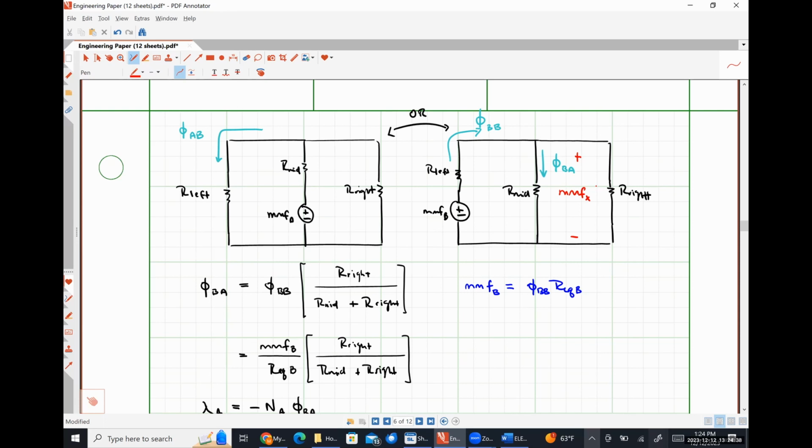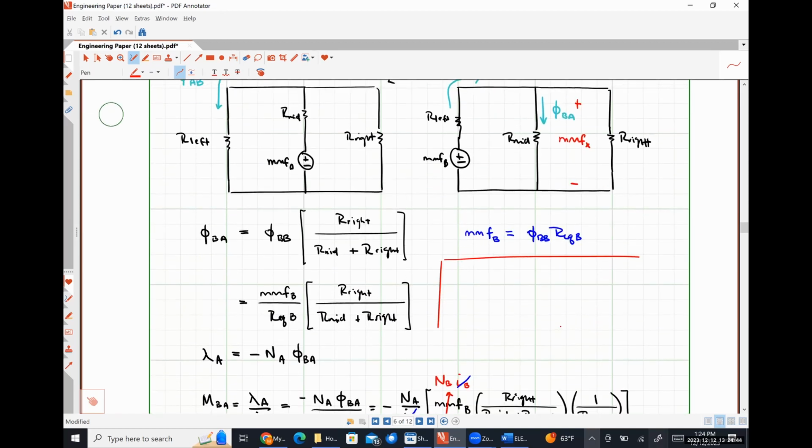So that MMF division looked like MMF of X was the MMF of B multiplied by R mid in parallel with R right, divided by R left plus R mid in parallel with R right.